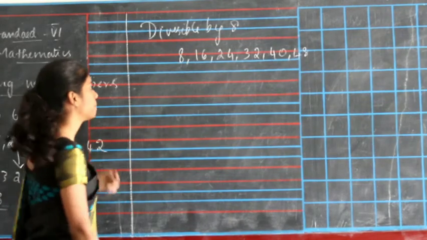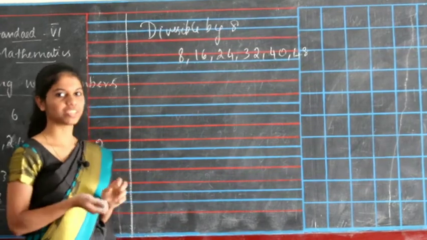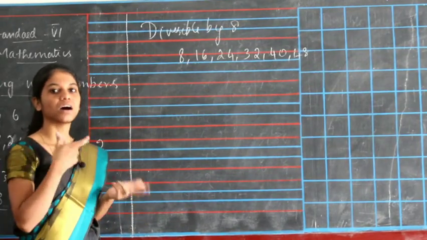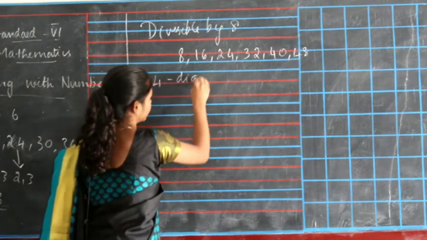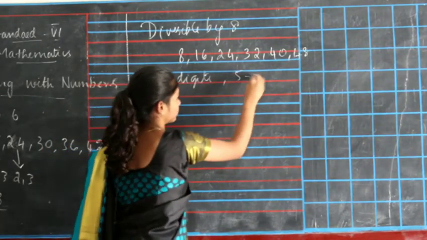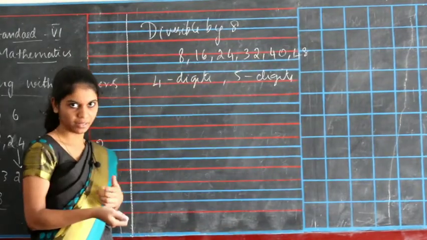Okay, but in order to divide a larger number, for example a number which contains 4 digits, 5 digits, it will be easy if we have a pattern, right?